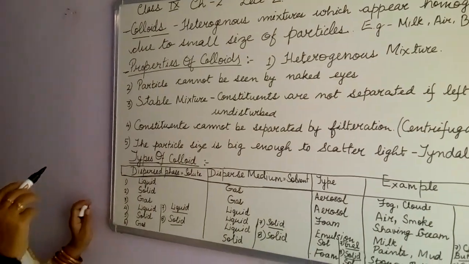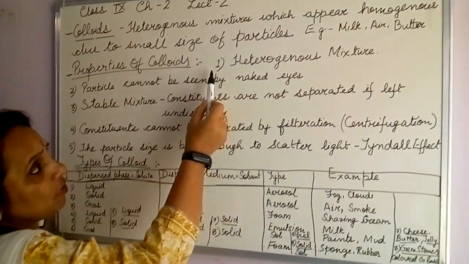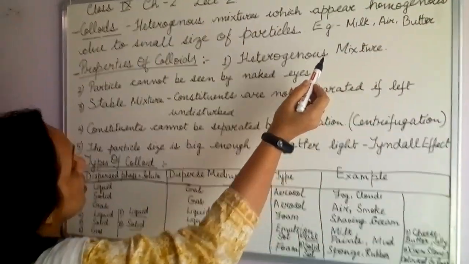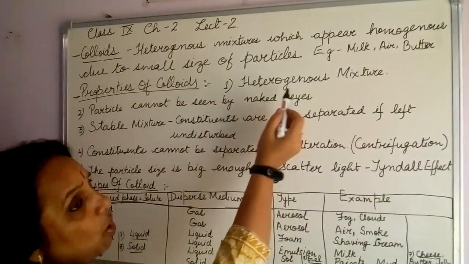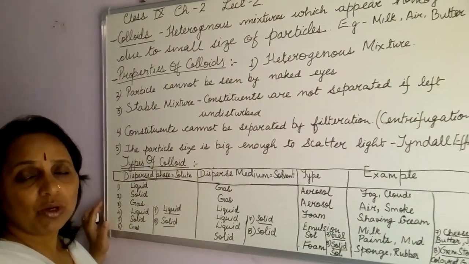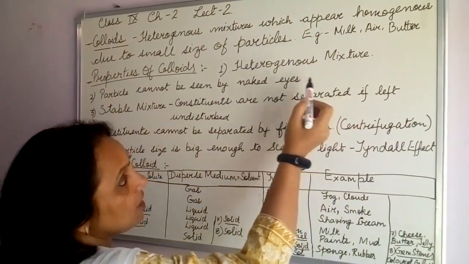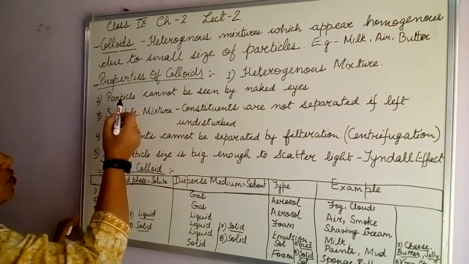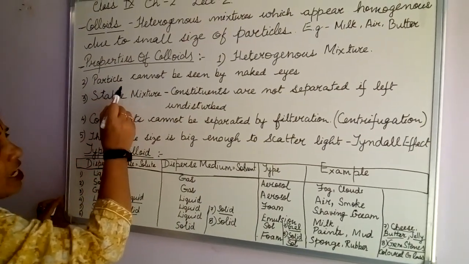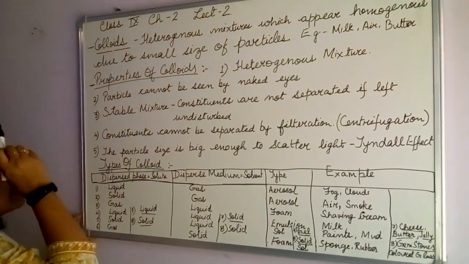Now what are the properties of colloids? Let us study about the first property of colloids. Colloids are heterogeneous mixtures. That means they do not have uniform composition and appearance. The second property is the particle size is very small and cannot be seen by the naked eyes.